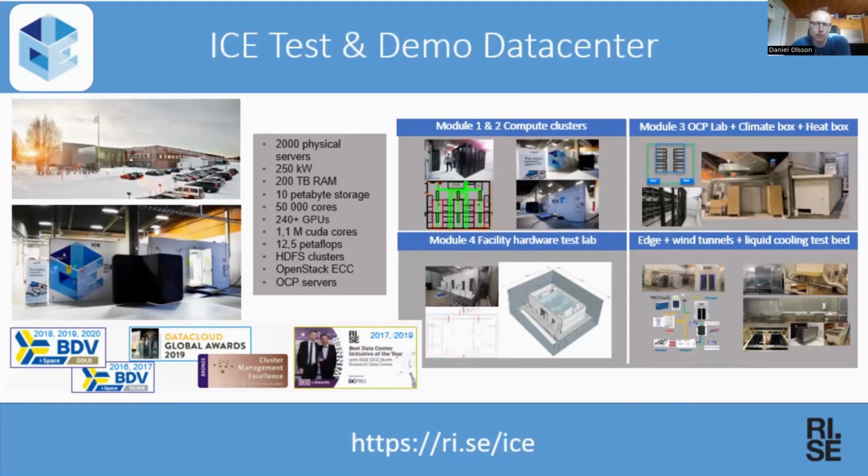We have module 4 that is built in such a way that it's easy to rebuild the data center and try different configurations. In addition to this, we have wind tunnels where we can put a couple of servers and control the flow of air and temperature and humidity. And we are also doing research on liquid cooling and immersion cooling.